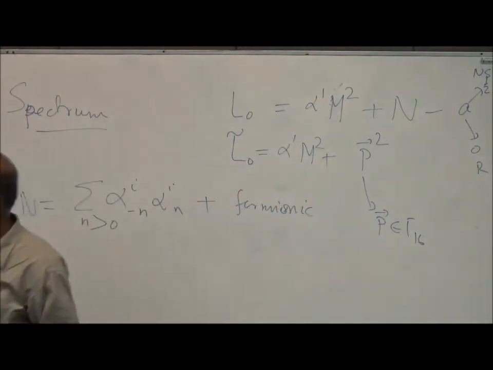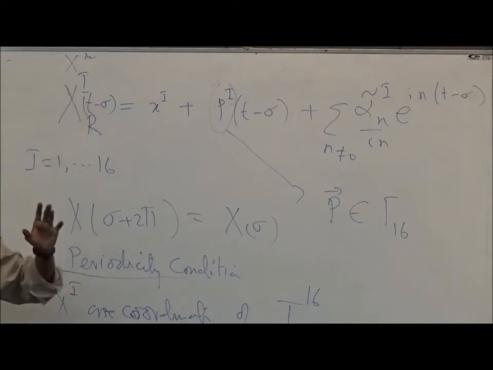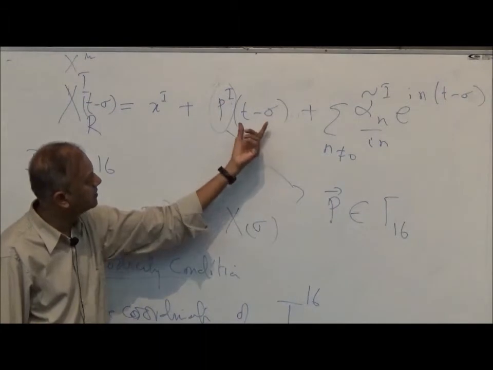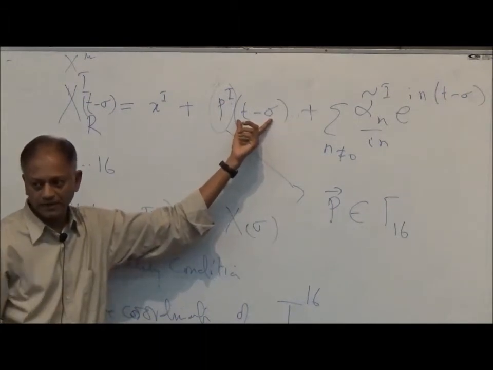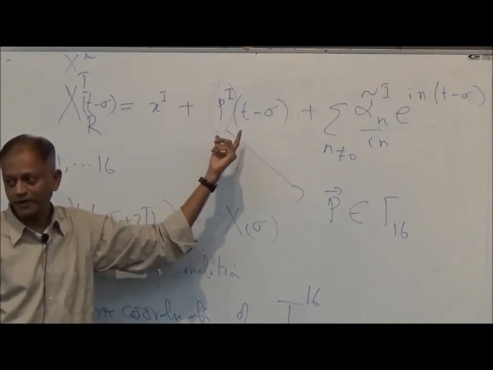That is simply coming because when you write out the right-moving Virasoro generator, it is d/dt minus d/d sigma of X whole squared. So when you take d/dt minus d/d sigma, you get some factor of 2 from here, and then you have to take the square, so you get a pi squared.